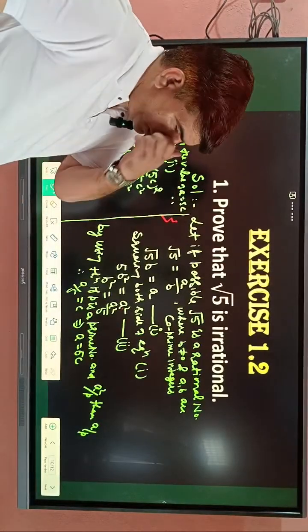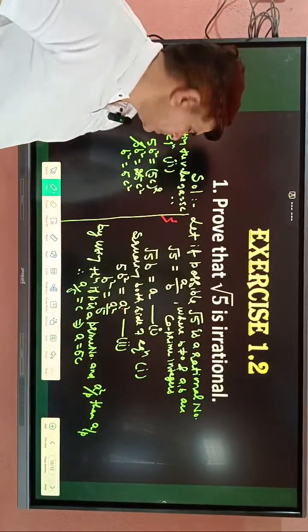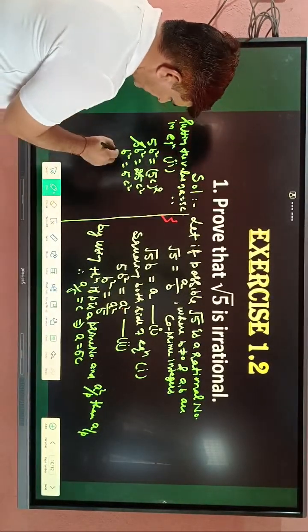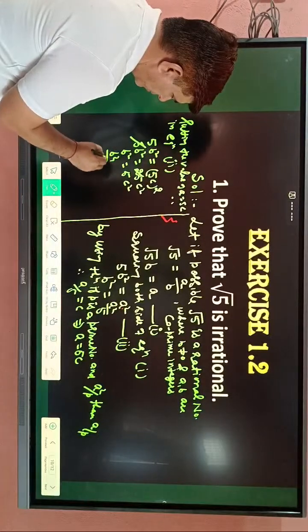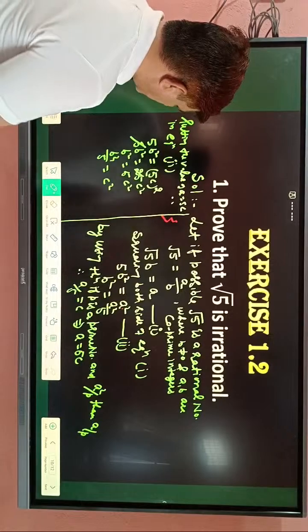What about c? c is an integer. Again bring the 5 to this side, b square by 5 equal to c square. What's its meaning?